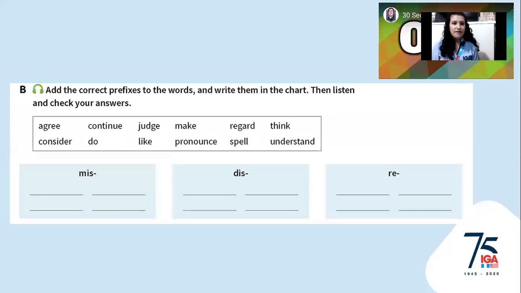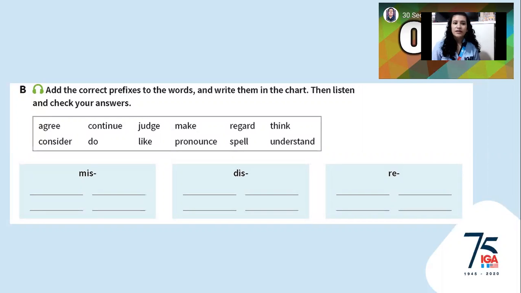Next, here there are three prefixes that we have, and then we have different words. What I'm going to ask you is to please try to match them, okay? Do you think that is misagree, disagree, or reagree?